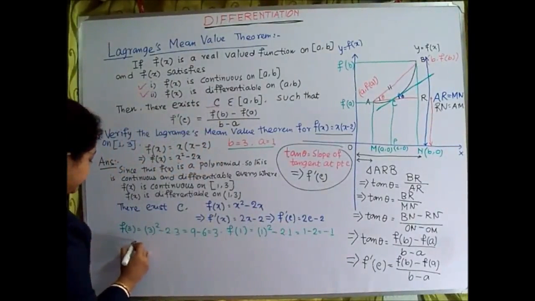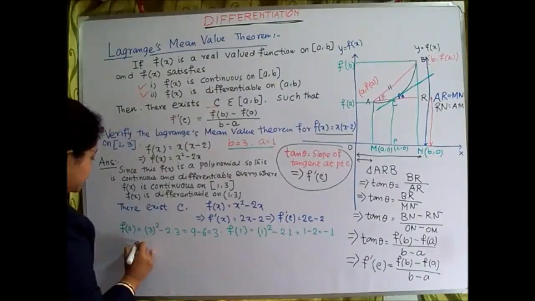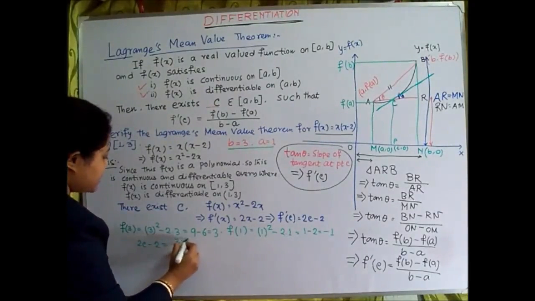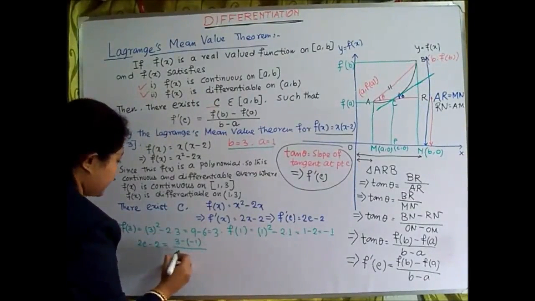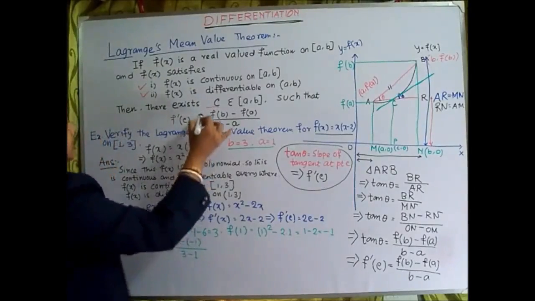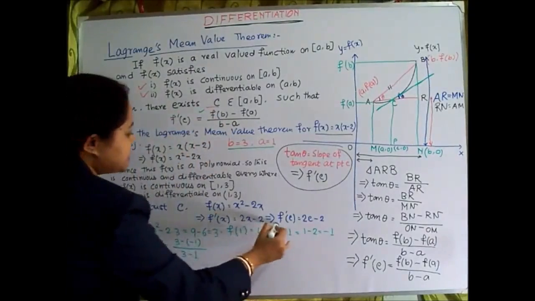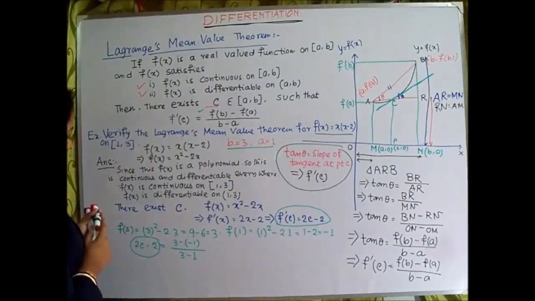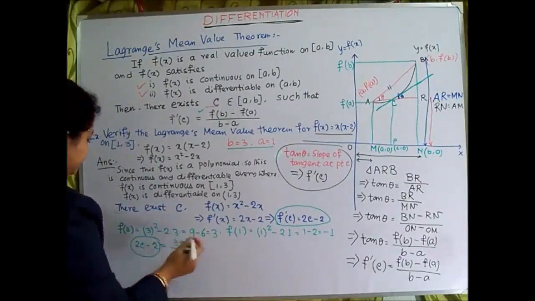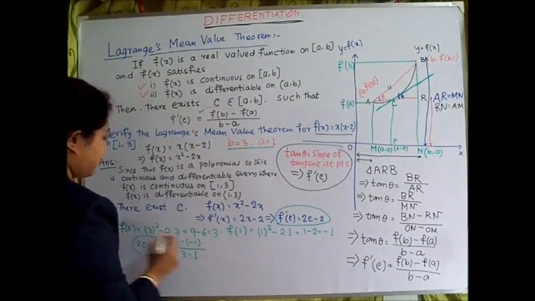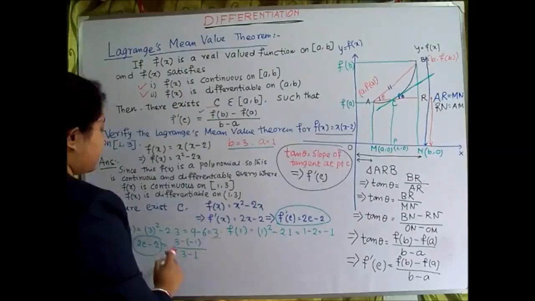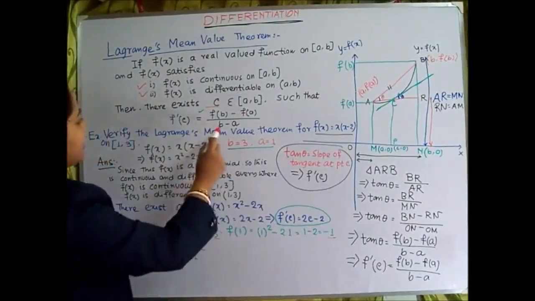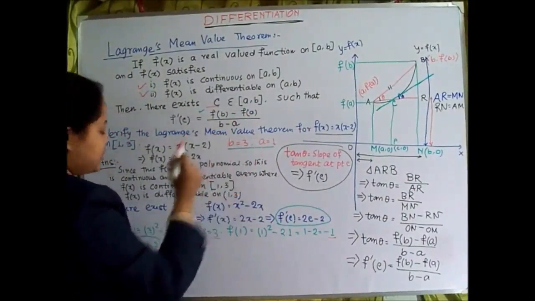So we can write 2c minus 2 is simply 3 minus of minus 1 divided by 3 minus 1 from this expression. Here f prime C is equal to Fb, which is F3 equal to 3, minus Fa equal to minus 1, divided by b minus a, where b is equal to 3 and a equals 1.